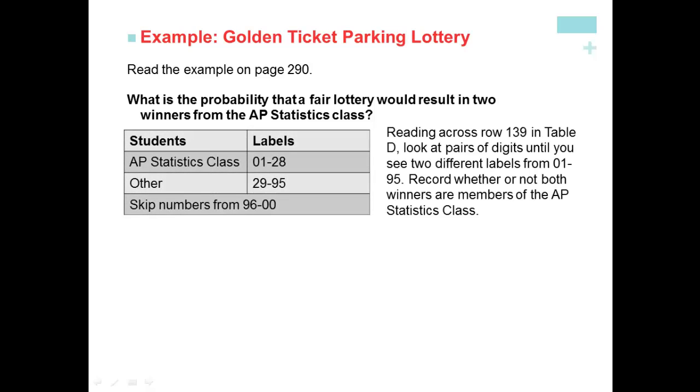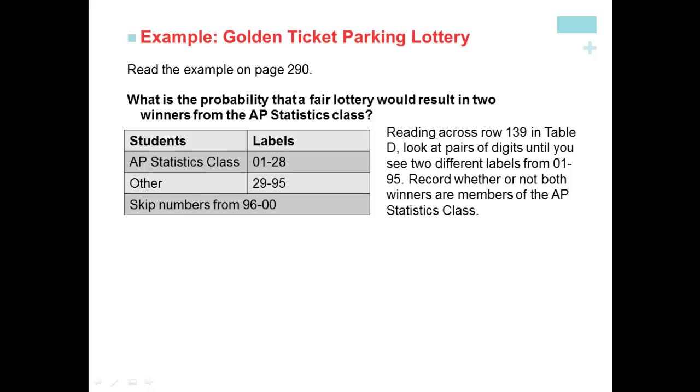I'm going to use Table D in the back of the book to set up the simulation. I'm going to label the AP students from 1 to 28 and the other students that have permission to park on campus as 29 to 95. Notice I'm going to skip numbers 96 through 00.